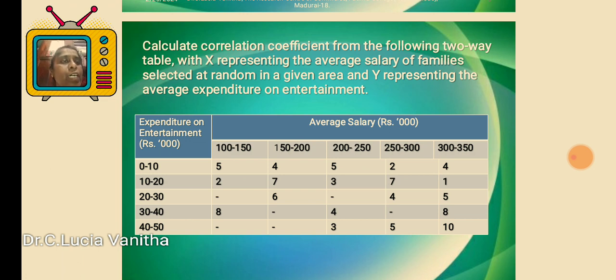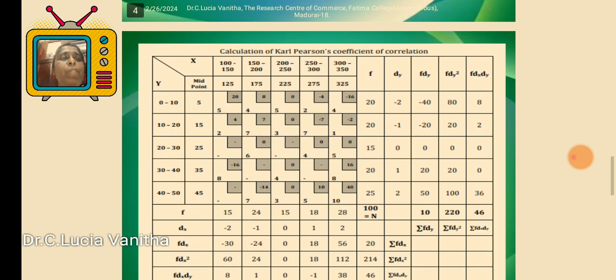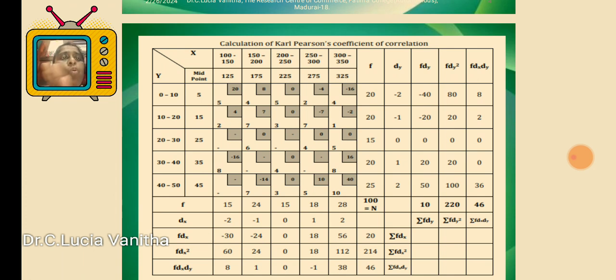Column wise, the average salary is given, and row wise, the expenditure on entertainment is given. Now we'll see how to solve this problem. x is given column wise, and y is taken row wise.